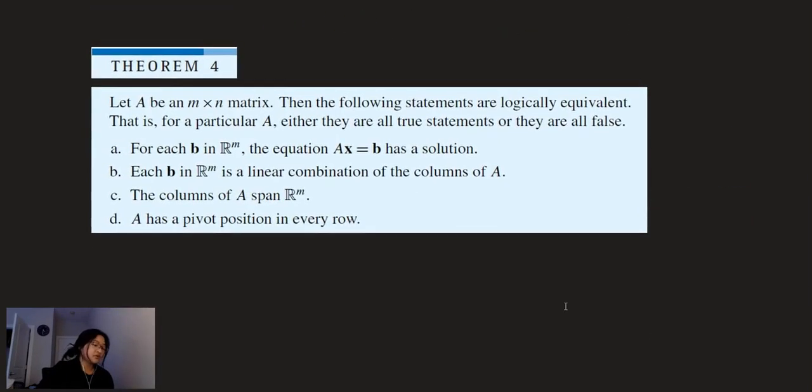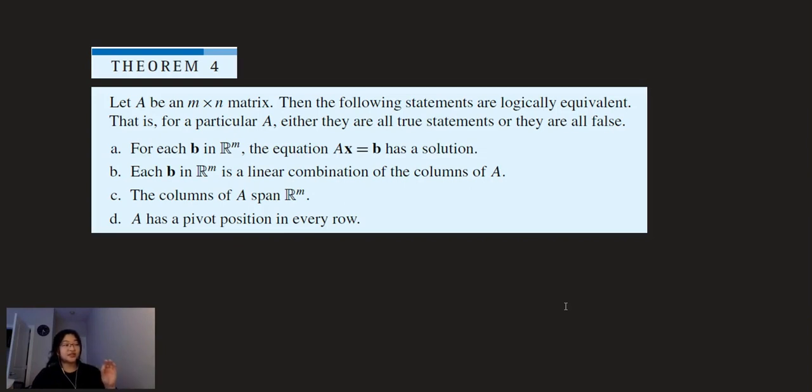All right, so we got another theorem. If we have an m by n matrix A, then we either have all or none of the following things. We're going to have this kind of snowballing thing, with logically equivalent statements, which is going to be fun. For each B in R^m, the equation Ax equals B has a solution.